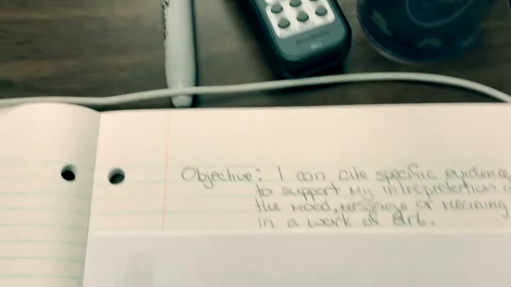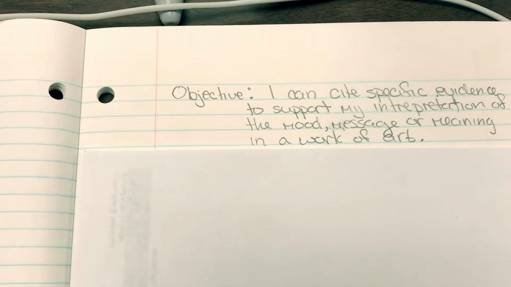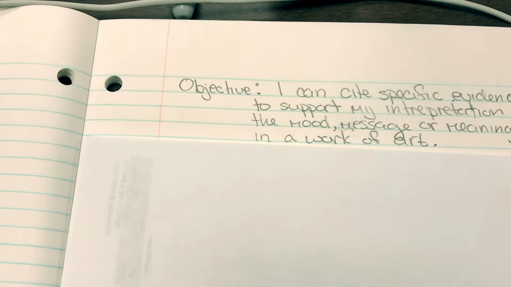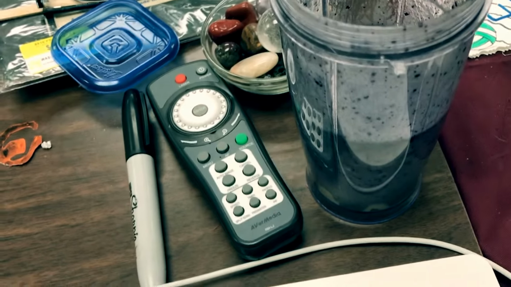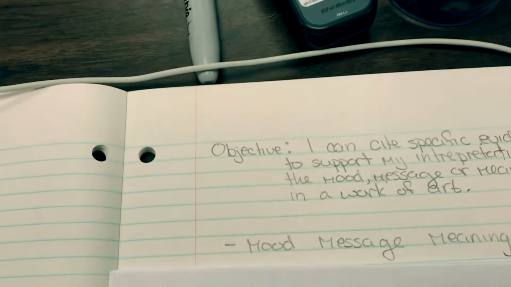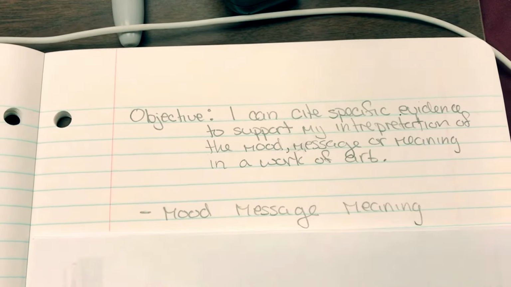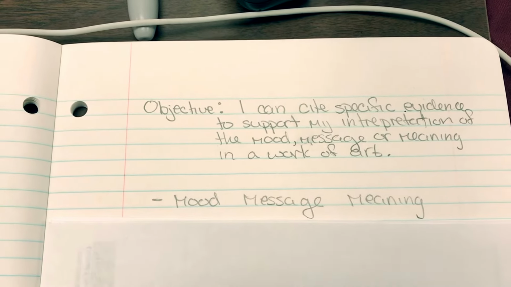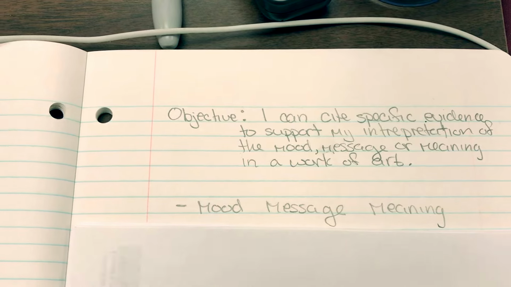So here, in these notes, I have stuff written down for you, but you're going to have to add details from what I'm saying, okay? So first, let's go back to the objective, citing evidence to support your interpretation of the mood, message, or meaning. We need to talk about exactly what the mood, message, or meaning of an artwork is.